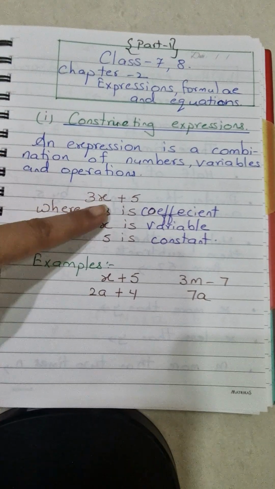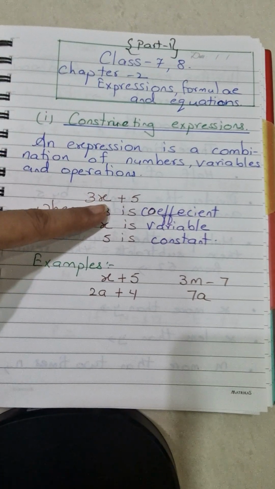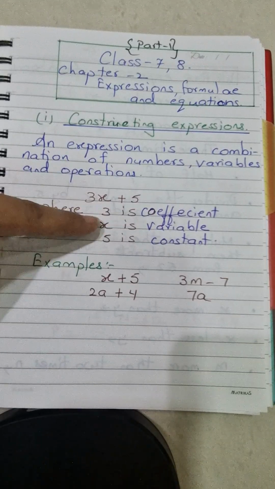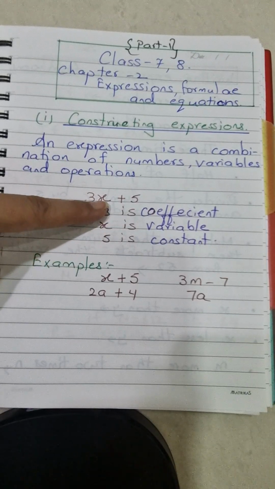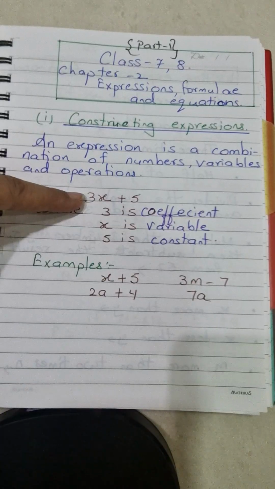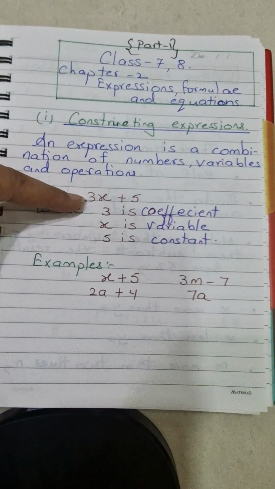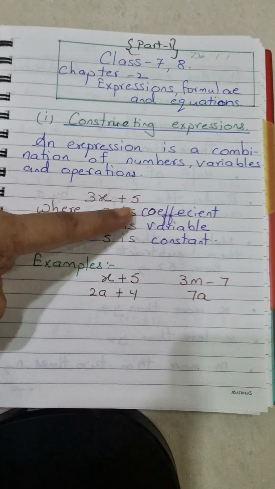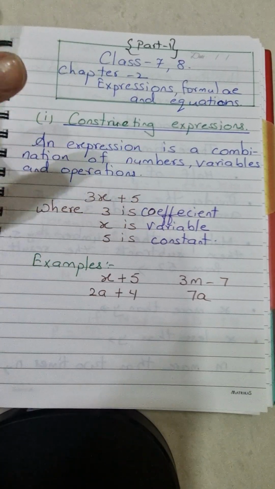3 is standing with the variable. Variables are the letters which we use to construct expressions. Here I am using x. x is a variable. 3 is standing with x, so that's why 3 is called the coefficient, and 5 is a single number, a fixed value, so we can say 5 is a constant.